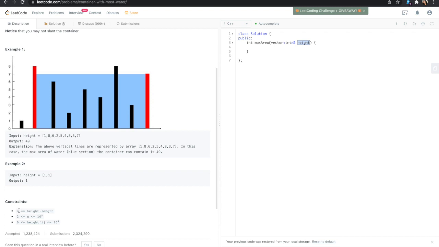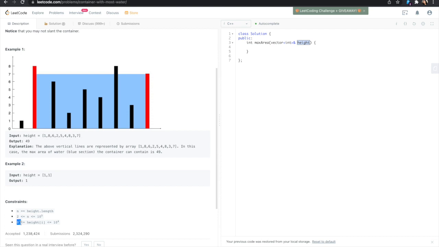Okay, the constraints are n is equal to height.length, or dot size for a vector, I guess. And okay, n is at least 2. So that's a constraint that they mentioned, so we don't have an assumption anymore. We know that n is between this and that, and a height cannot be negative. So that was another assumption I was going to ask.